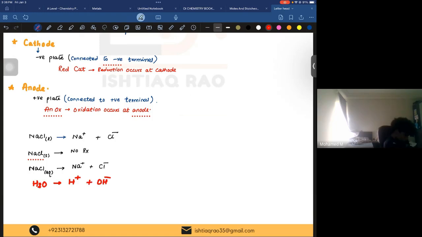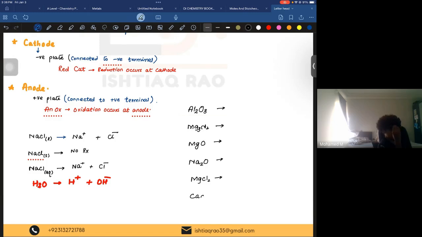So this is the main concept that you need to know: what would happen if I pass electricity through the compound. What do you think if I have this and I'm passing electricity? If I have this, and this, and this.